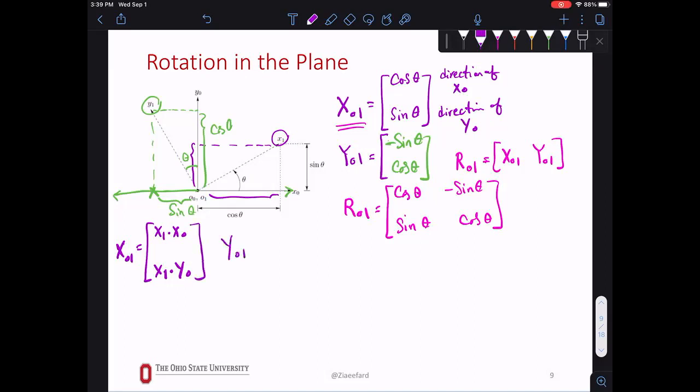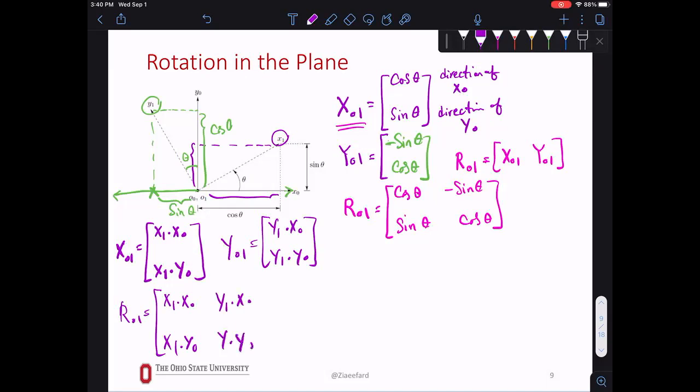So y1 dot x0. So if you put it together, R01 is going to be x1 dot x0, x1 dot y0, y1 dot x0, y1 dot y0. Okay. But remember, look at this.